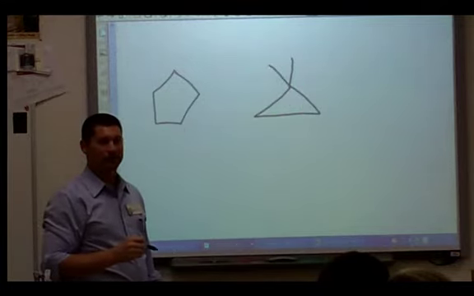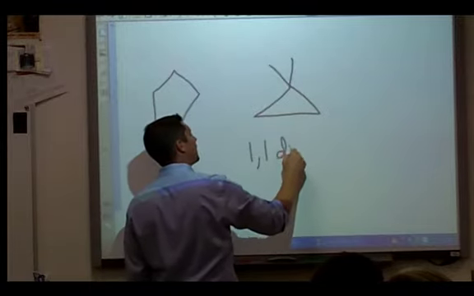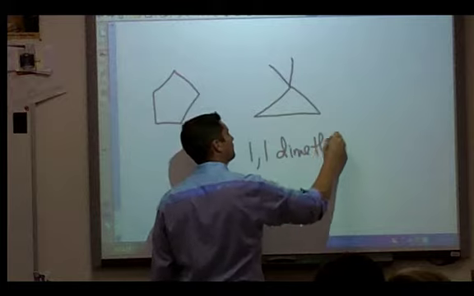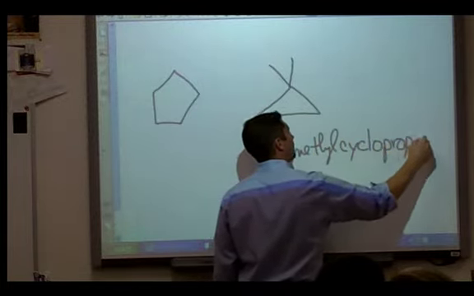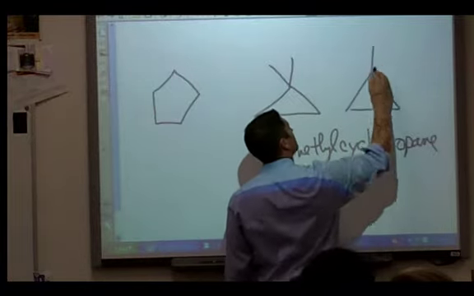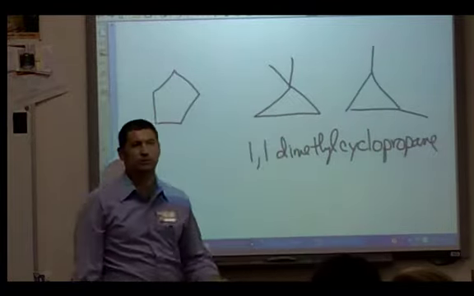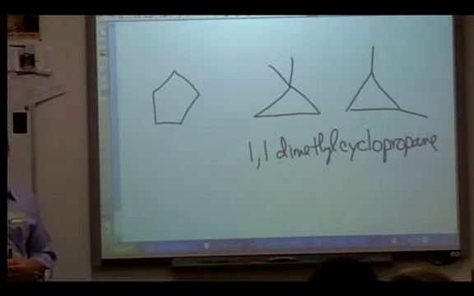Dimethyl cyclo. Close. 1,1 dimethyl. Thank you. 1,1-dimethylcyclopropane. Why did she say 1,1? Because what's that? 1, 2. If there's always another option, then tell me what the numbers are.